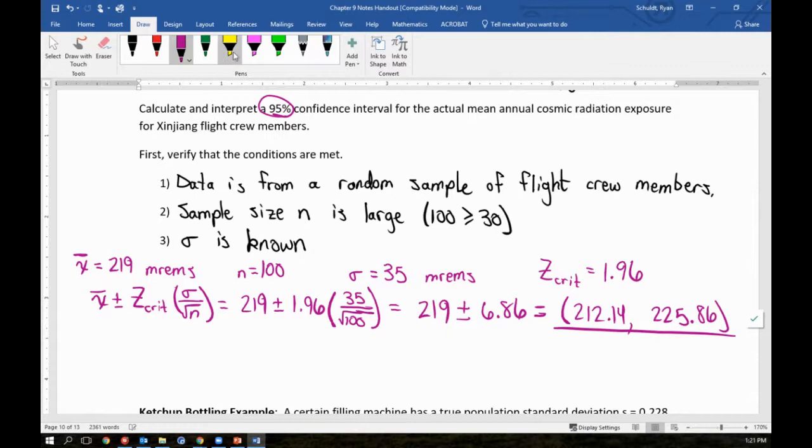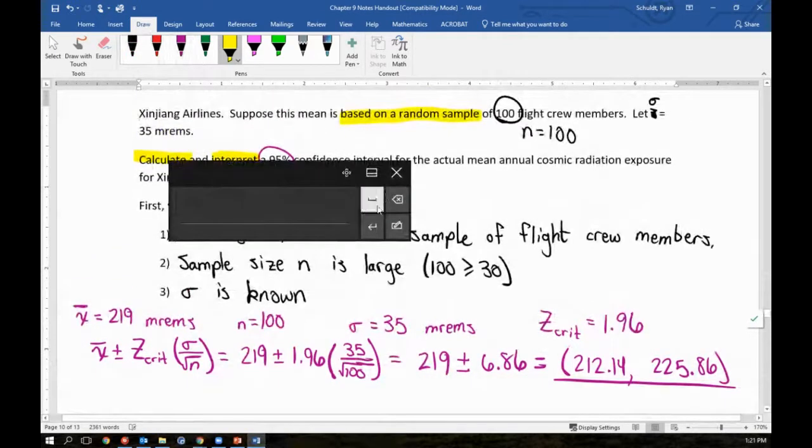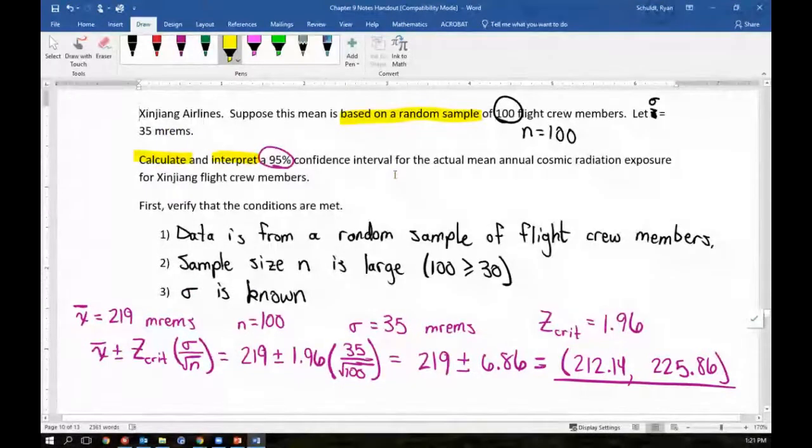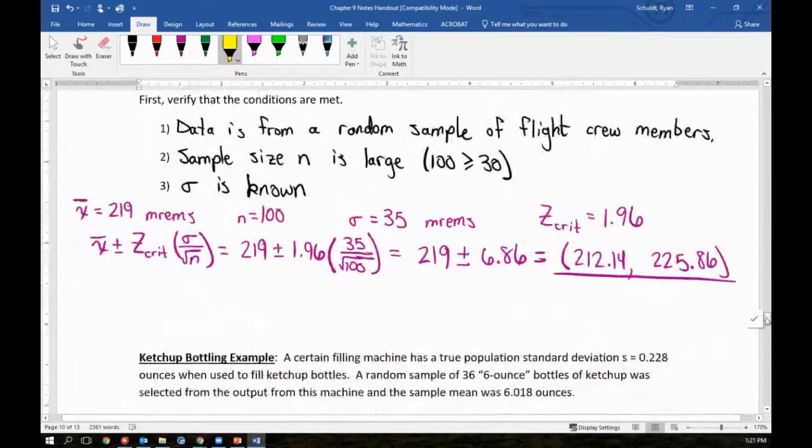Okay, now our instructions here tell us to calculate, which we did, and interpret, which we have not done yet. So how can I put this into words?